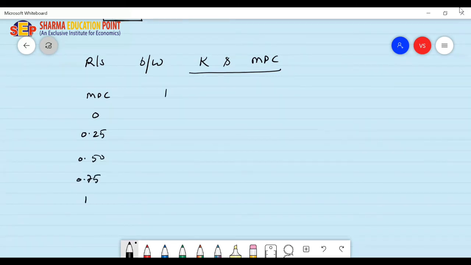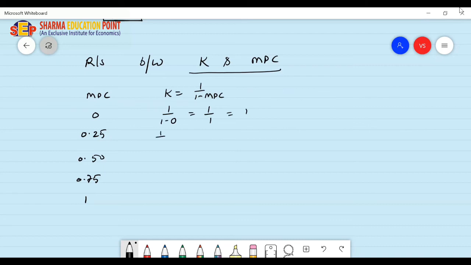Now if I calculate the value of k, and k is 1 upon 1 minus MPC. So if I put the values 1 upon 1 minus 0, that means 1 upon 1, that means 1. Now that means k is 1.